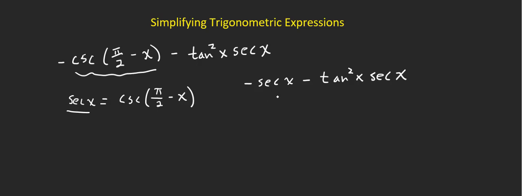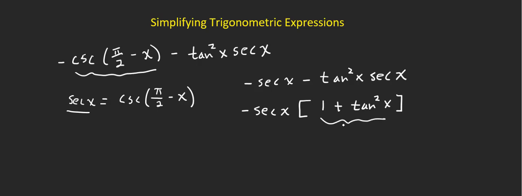Now, if you look at these terms, the common factor is negative secant x. And when you take out negative secant x, you'll get 1 plus tangent square x. Now, do you remember what 1 plus tangent square x was? Tangent square x plus 1 is secant square x.